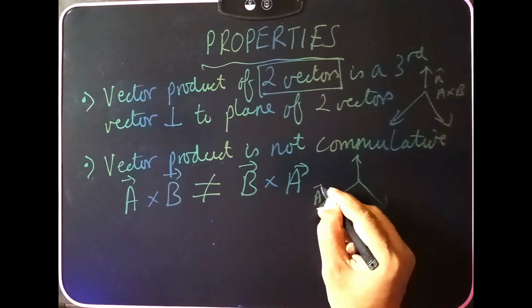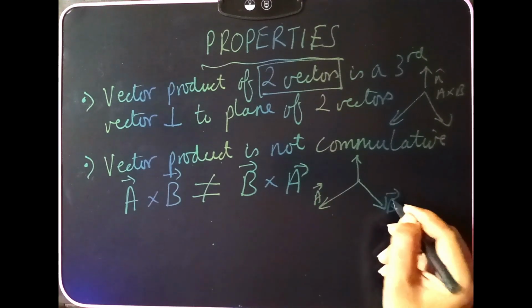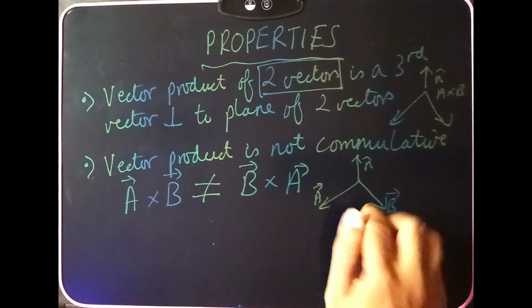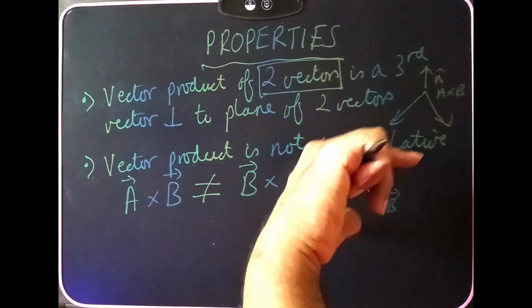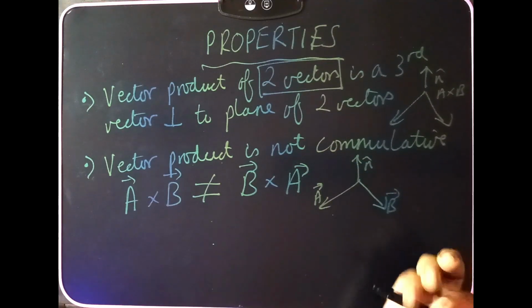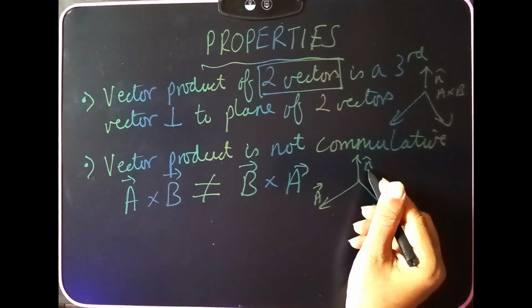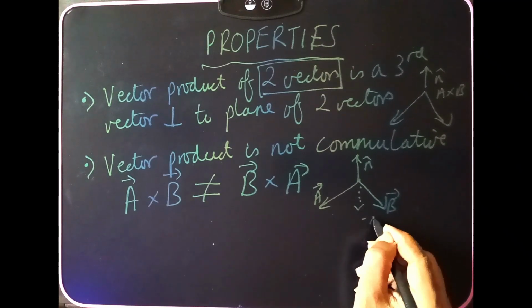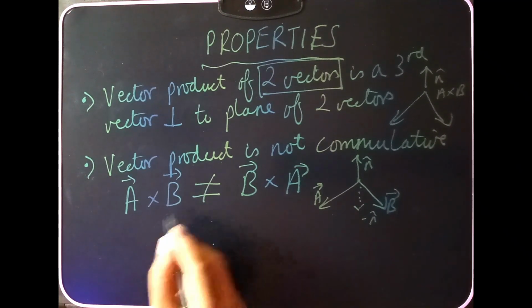If this was A and this was B, then the third vector is upward. Now if you do B cross A, then my thumb will point downwards. B cross A, the unit vector will form downwards. So that's why they are not equal.